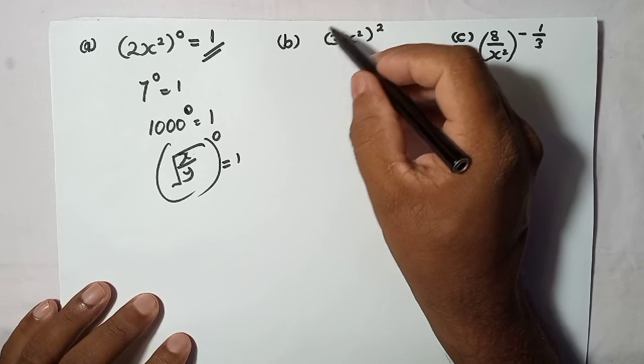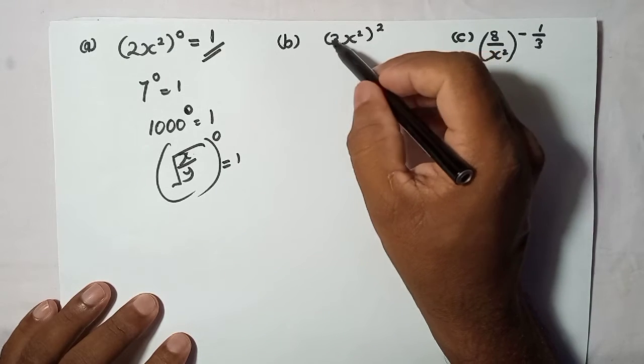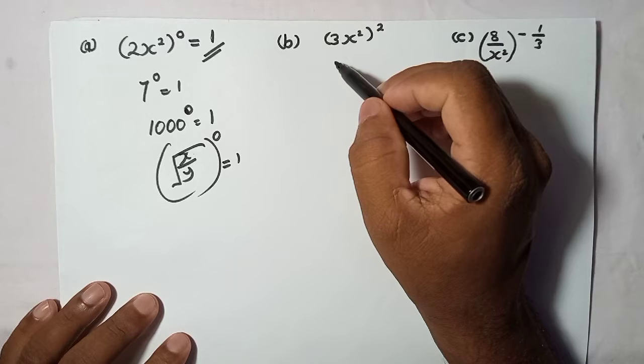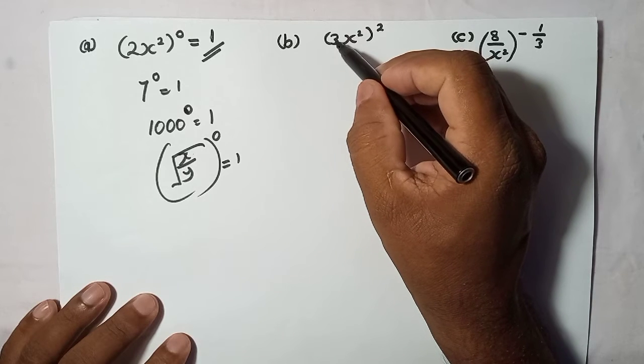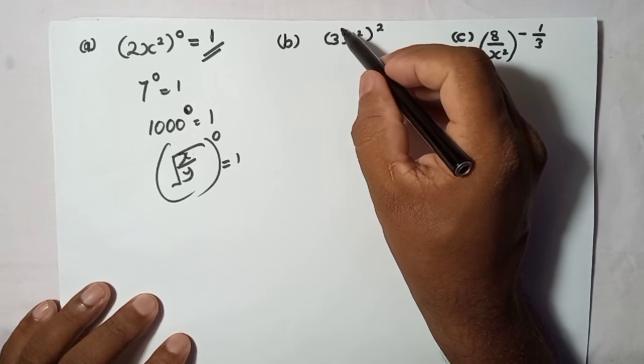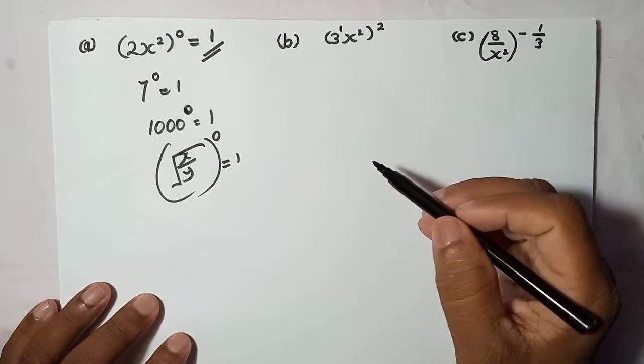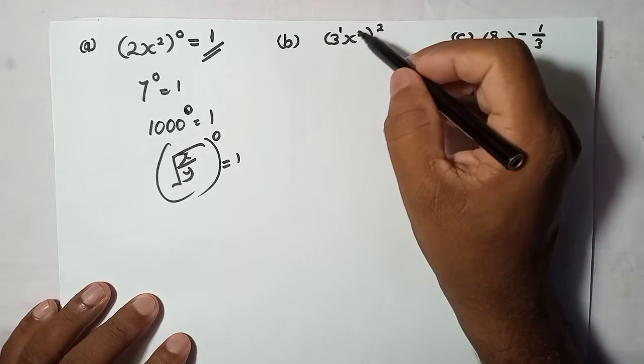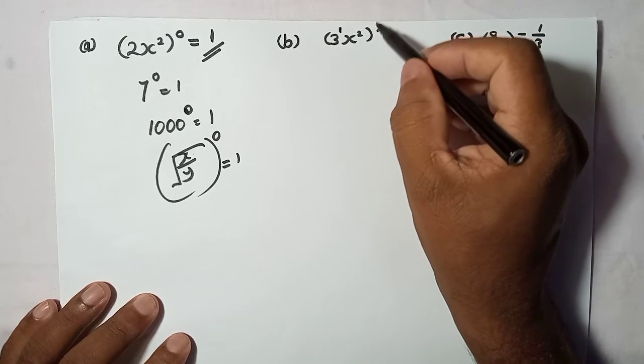Inside the bracket you have two terms, 3 and x squared. Remember, 3 means the index of the 3 is 1 here, that's why they don't write it. So what we need to do is multiply both of these indices by the outside index.